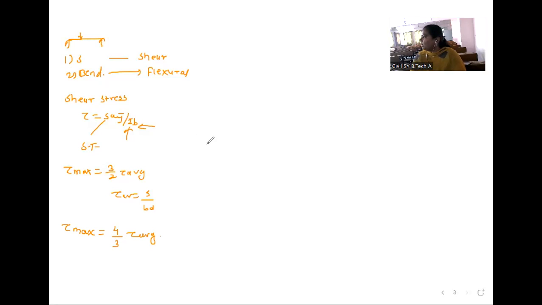The last unit remaining is influence line diagrams. So 15 minutes are available with you, so we will discuss MCQs. Okay. I will share a new screen.